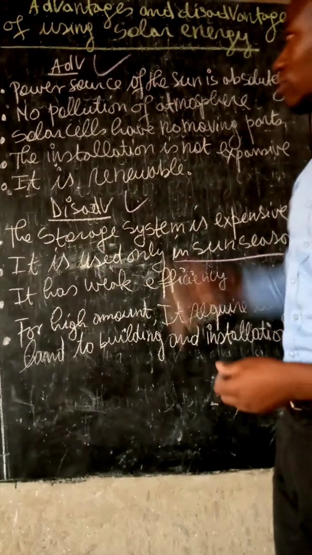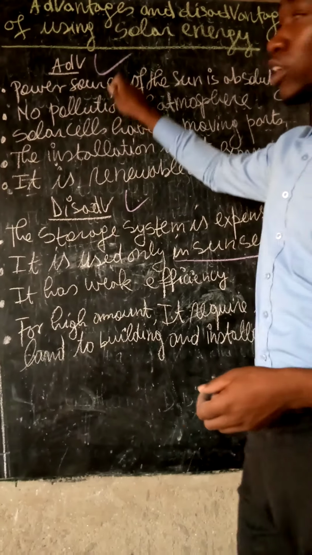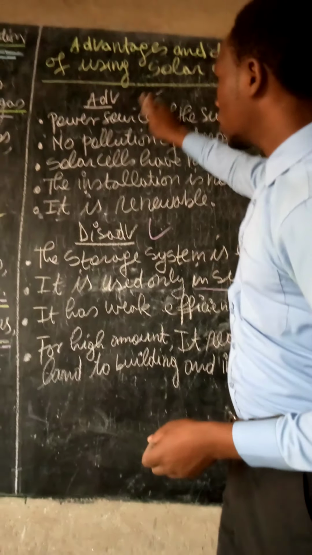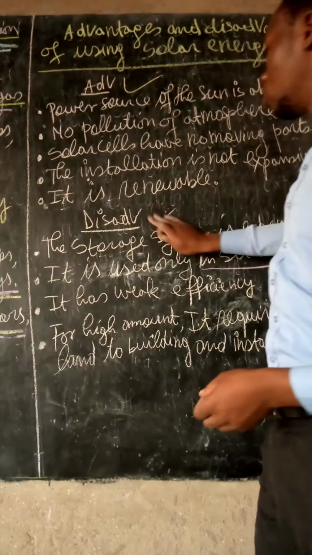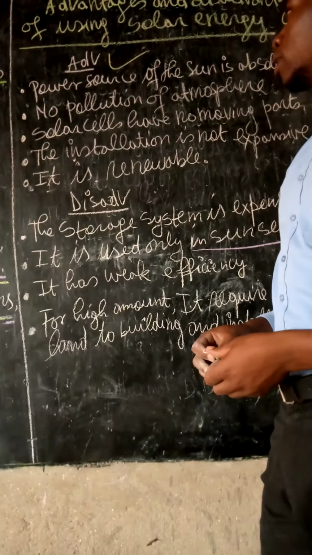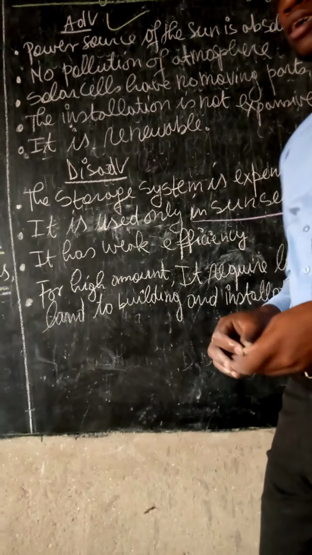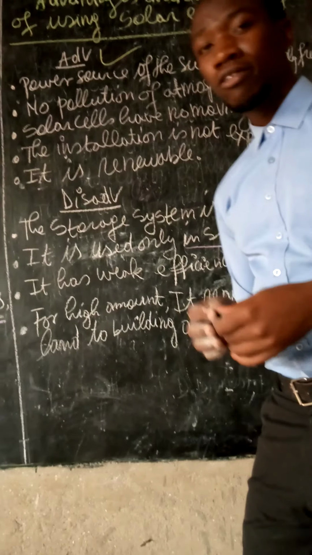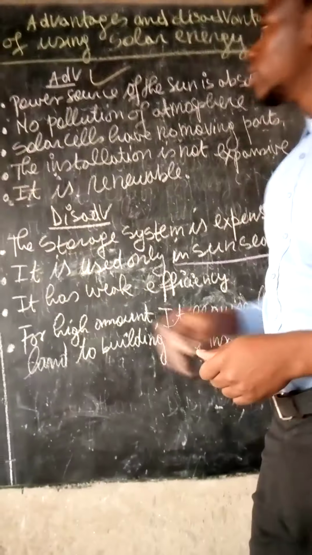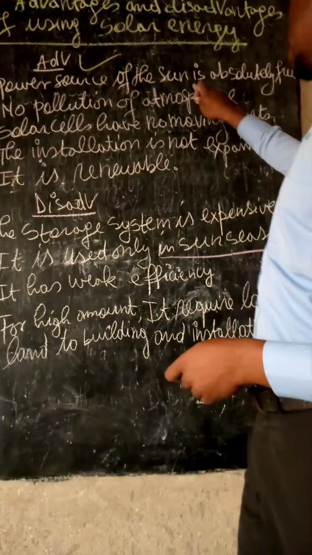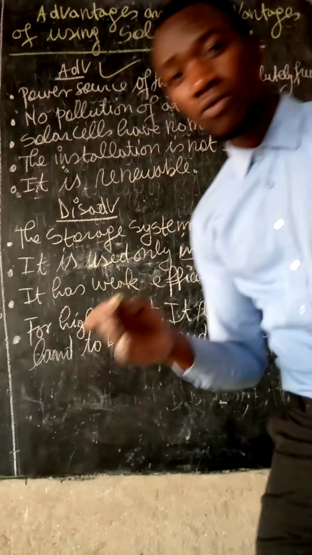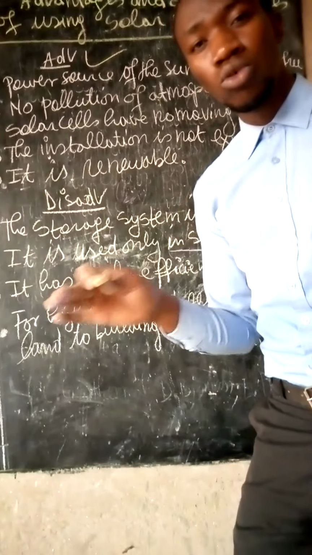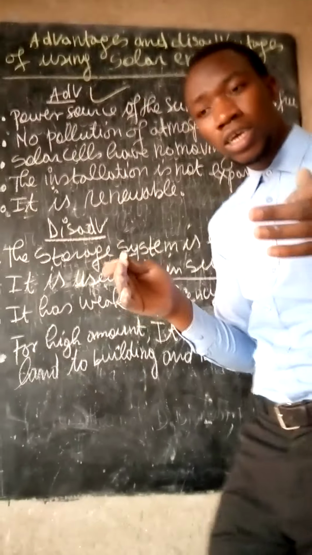Starting with the advantages, we have to talk about the merits of using the sun. The power source of the sun is absolutely free. To use the sun is free.